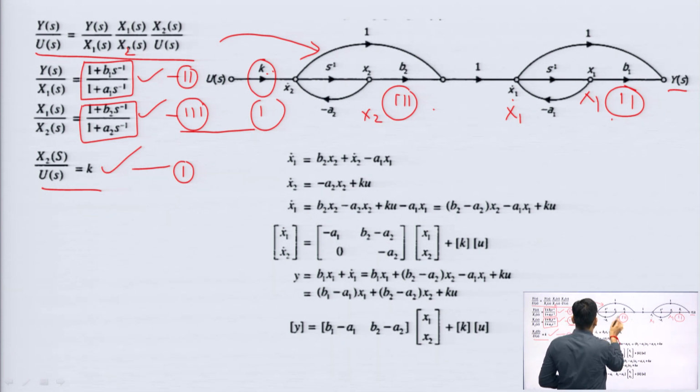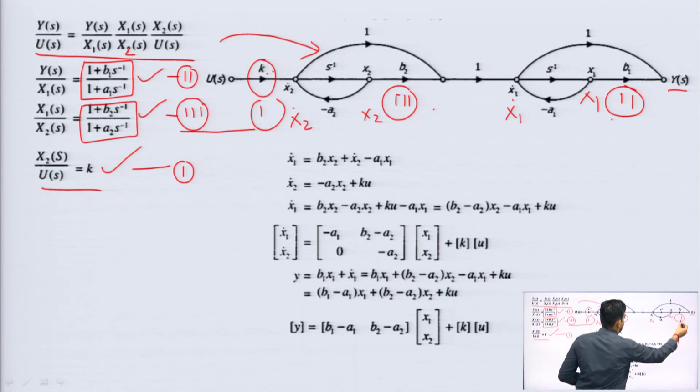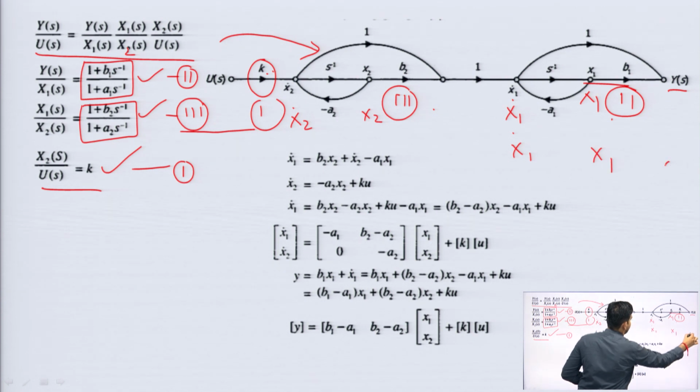This is x2 and x2 dot, this sequence we need to follow basically. If you see this loop, x1 dot is here, x1 is here and output y is coming here. If you solve this, s inverse is here and b1 is here, they will make a single expression.